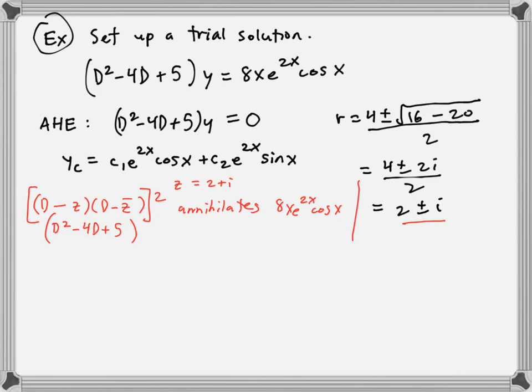I mean, you could multiply D minus 2 plus i times D minus 2 minus i, but this is what you're going to get. So I know that I'm going to need to hit it with D squared minus 4D plus 5, squared, on both sides. So if I hit it with the square, I actually end up with a cube.